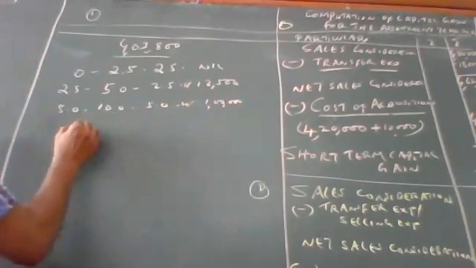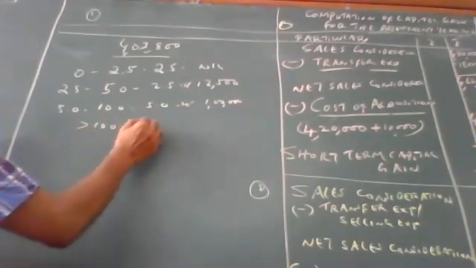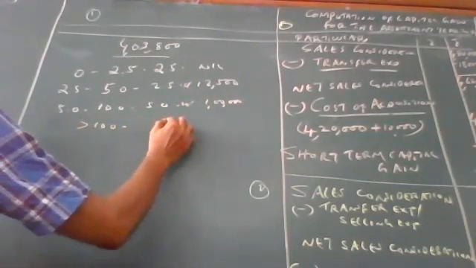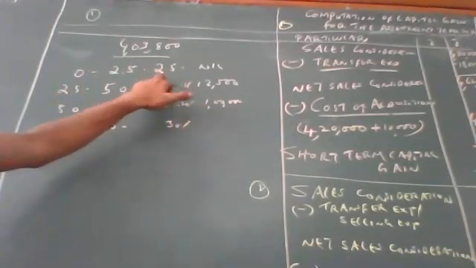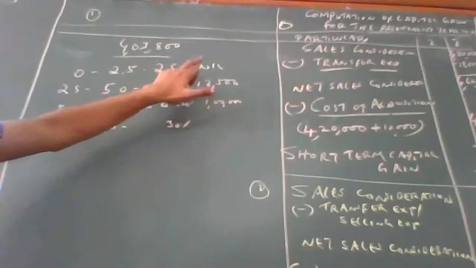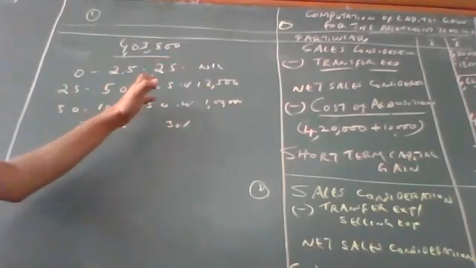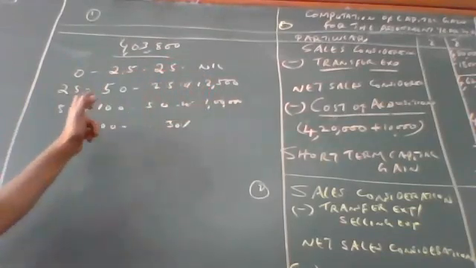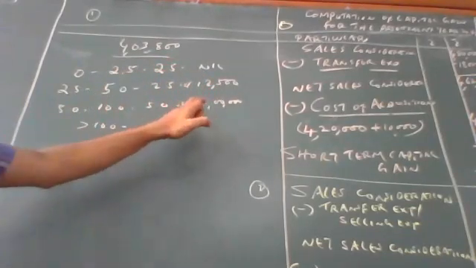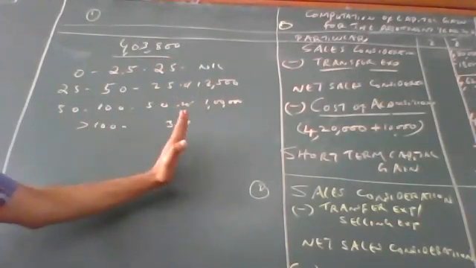More than 10 lakhs, 30%. So 0 to 2.5, nil tax. 2.5 to 5 at the rate of 5%, 12,500. 5 to 10 at the rate of 20%, 1 lakh. More than 10 lakhs, 30%.